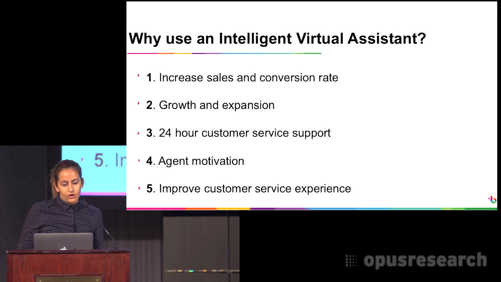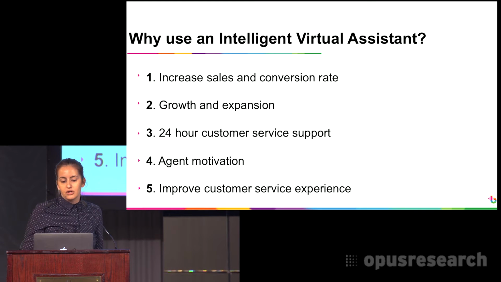So we designed our assistant based on five reasons. The first one, to increase sales and conversion rate. To have an assistant is to offer the consumer a better experience, so it is natural to think about a sales increase. Second, due to the growth and fast expansion of Ticketbis.